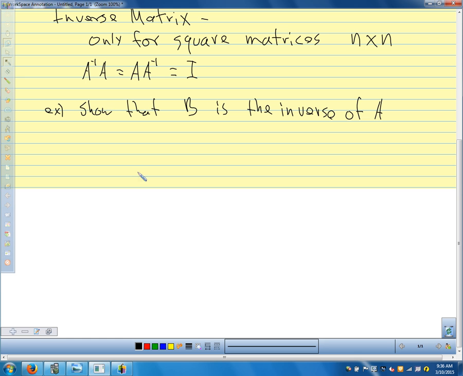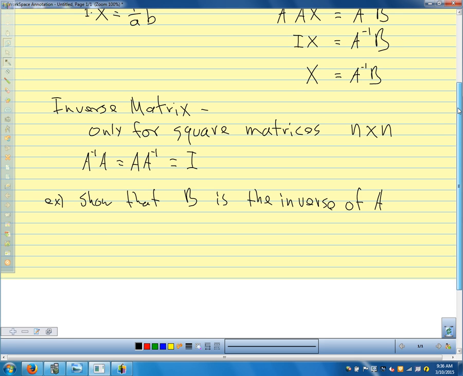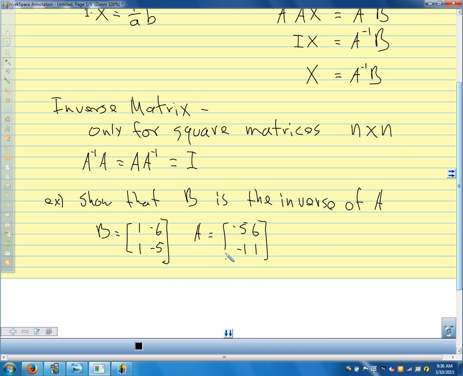And we're going to say B is the matrix (1, -6, 1, -5), and A is the matrix (-5, 6, -1, 1). So there are two matrices.